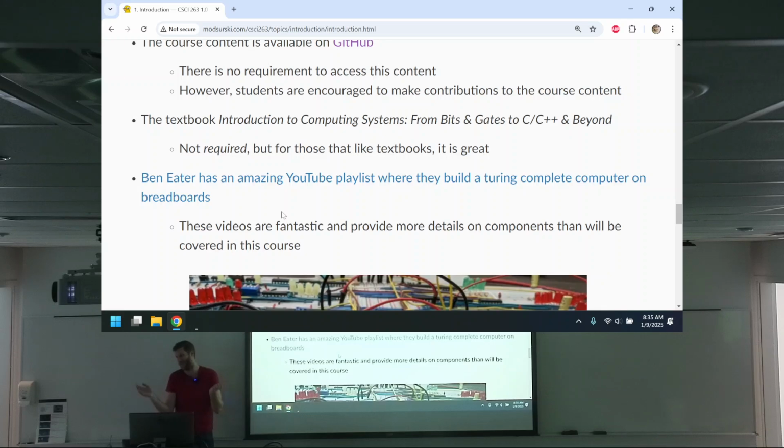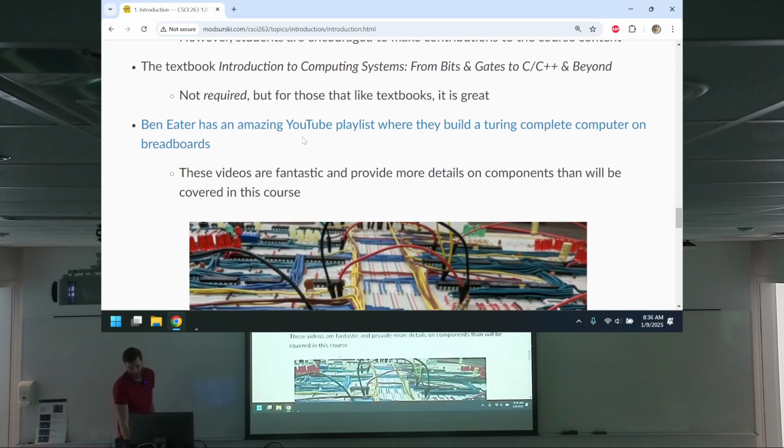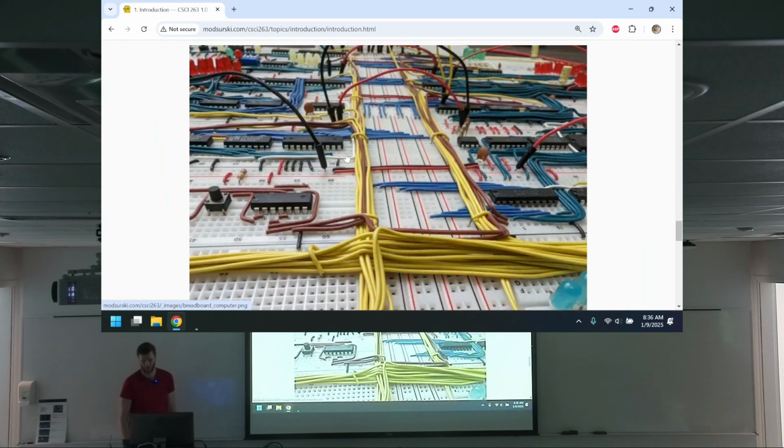He's got a playlist on building a full 8-bit computer on breadboards, which is like the one I have in my office if you ever see it. Here's a picture of it. You can watch his videos. It would take time to go through them, but he is phenomenal. He's really good at explaining things, and it's just cool to see him talk about these things. And here is a picture of the breadboard computer I have in my office.